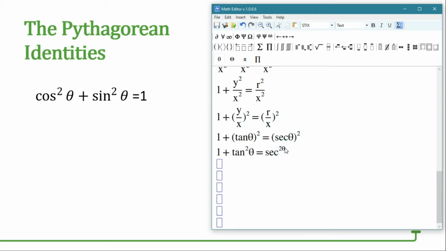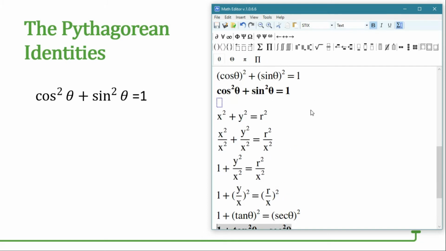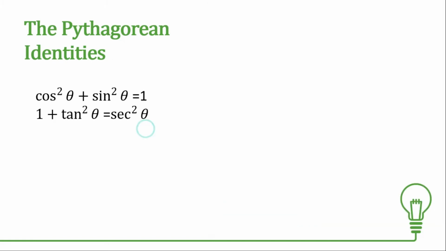And that is actually our second Pythagorean identity. So we have just derived it from, of course, the Pythagorean theorem. Wag pong kalilimutan that secant squared theta is equivalent to 1 plus tangent squared theta.